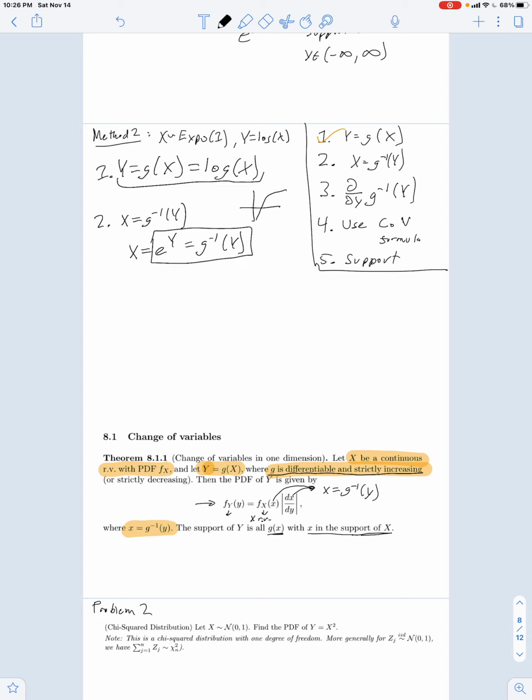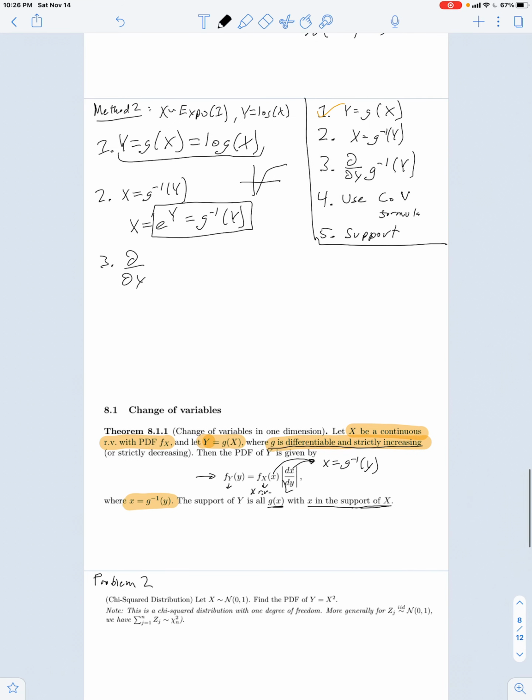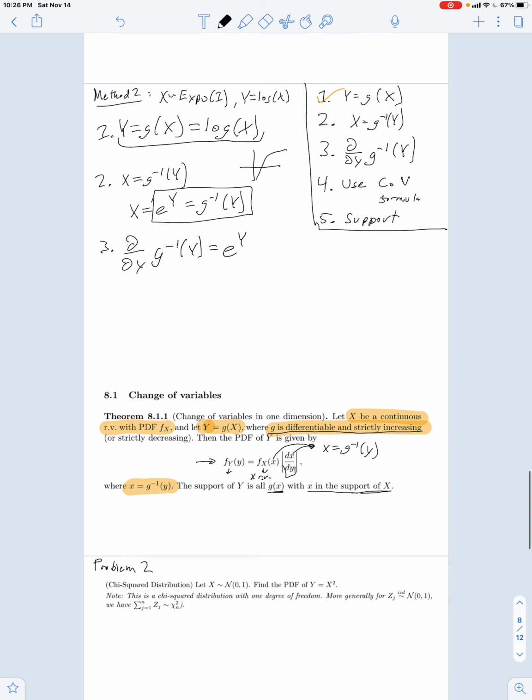Okay, cool. Number 3, I take a derivative of that with respect to y. Why am I doing that? Well, because I need that term right here. So I've got x, but I also need the derivative of x. The derivative of e to the y is just e to the y, so I'm good there.